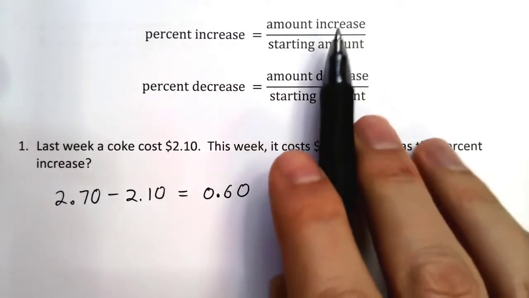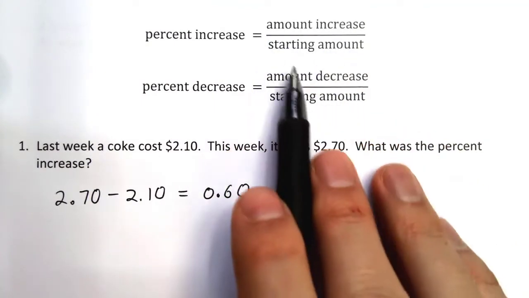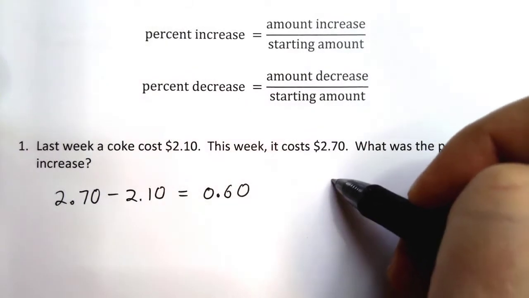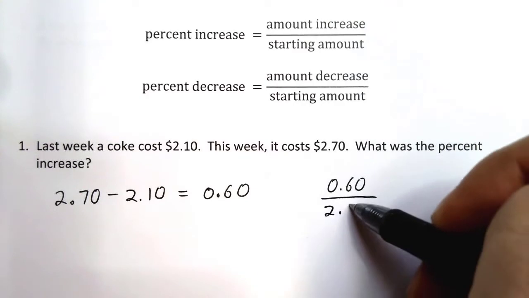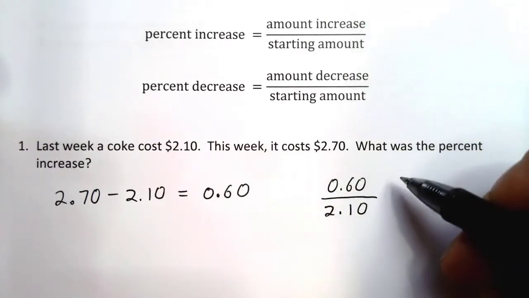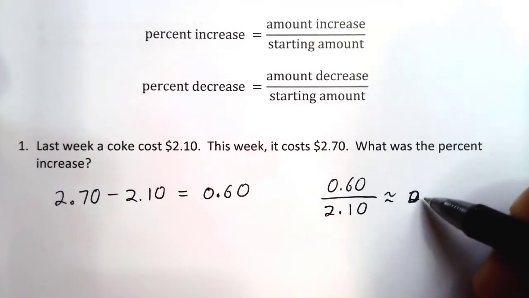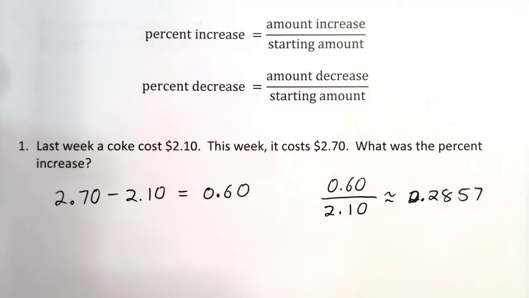So now we can compute the percent increase. We'll just take that and divide by the starting amount. Using a calculator, we see that that is approximately 0.2857.